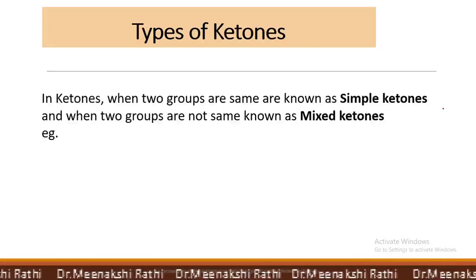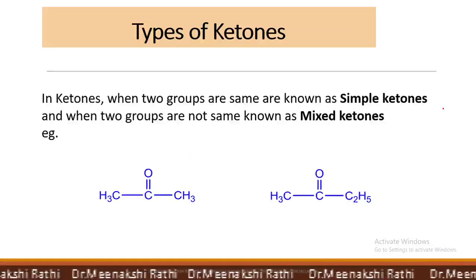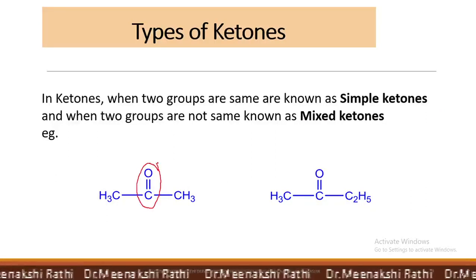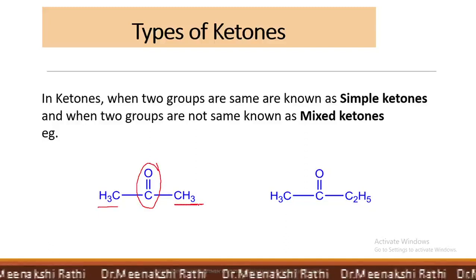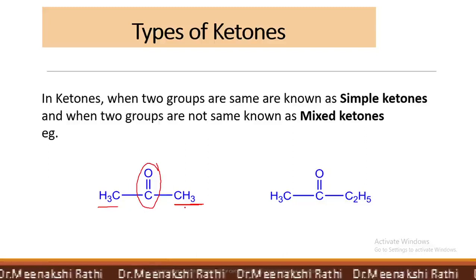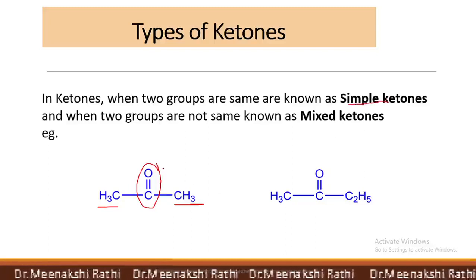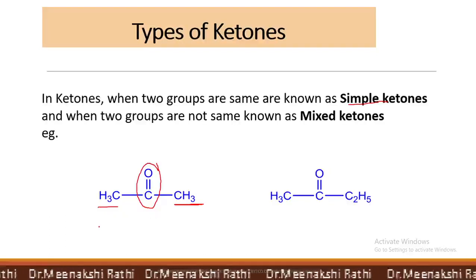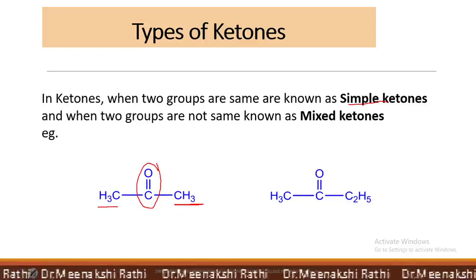Ketones are of two types, because in ketones, two alkyl groups are attached to the carbonyl group. When both the alkyl or aryl groups attached to the carbonyl group are the same, then such ketones are known as simple ketones. For example, in acetone, both the alkyl groups are methyl groups and both are the same.